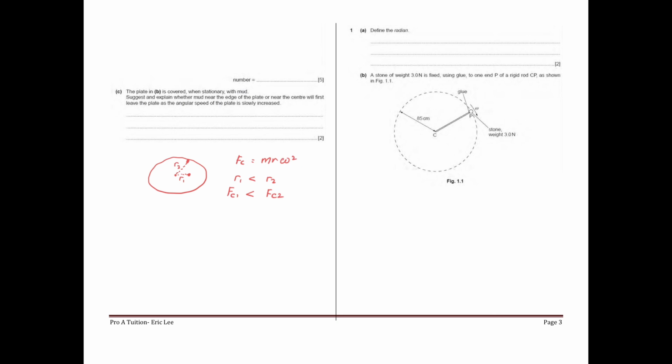So let us write down what we understand in words. It is just a 2 marks question, so first, just go straight to the main point. We say that centripetal force increases as R increases.